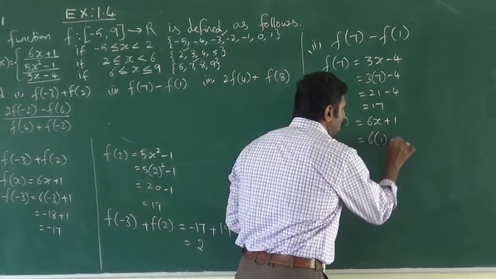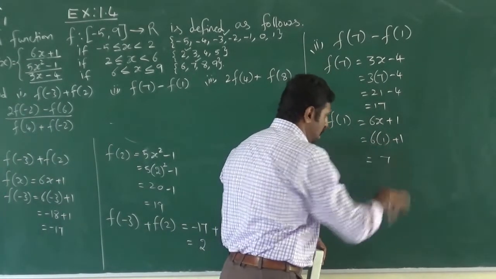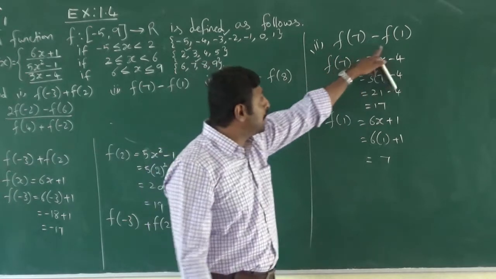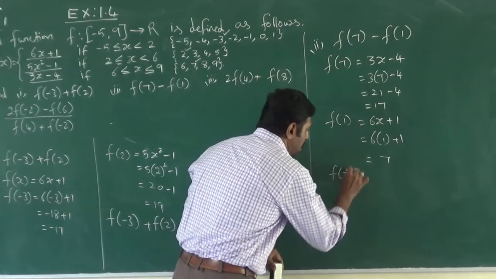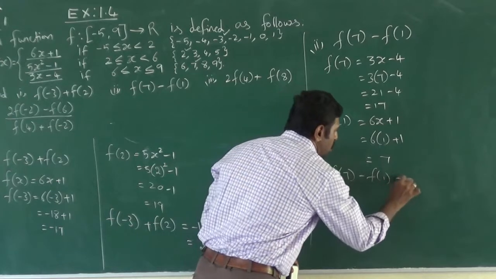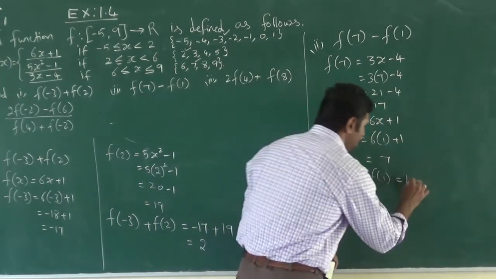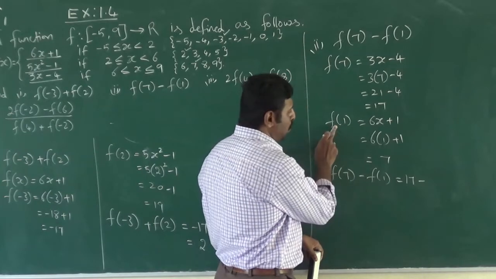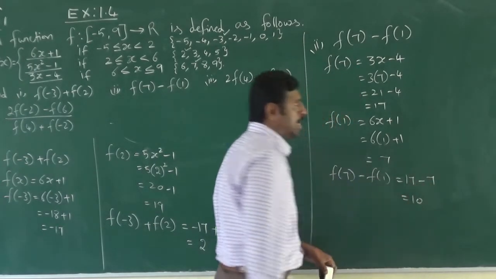That is 6 into 1 plus 1, 6 ones are 6, 6 plus 1 is 7. Now we want to subtract these two functions, f of 7 and f of 1. Here f of 7 minus f of 1 is equal to f of 7 is 17 minus f of 1 is 7. So 17 minus 7 is equal to 10.